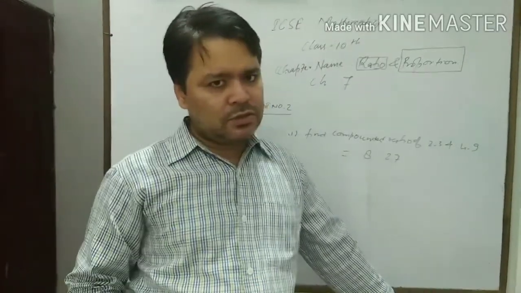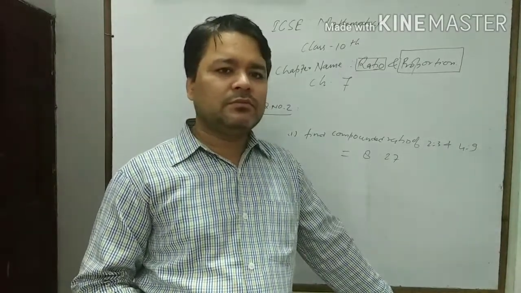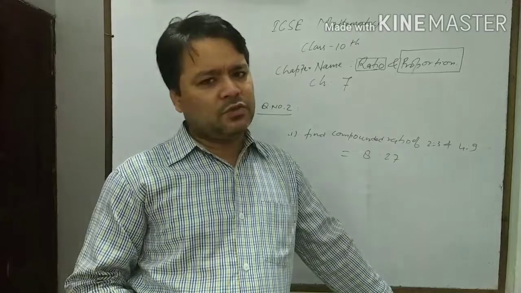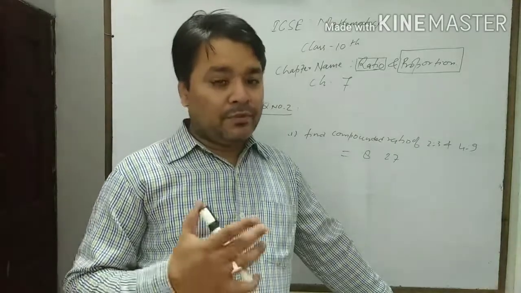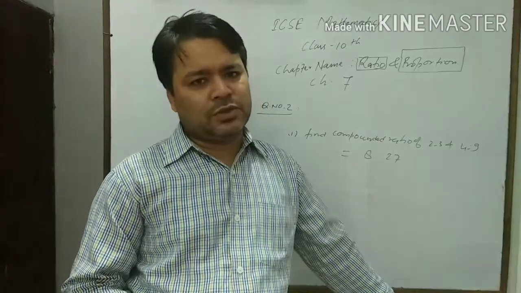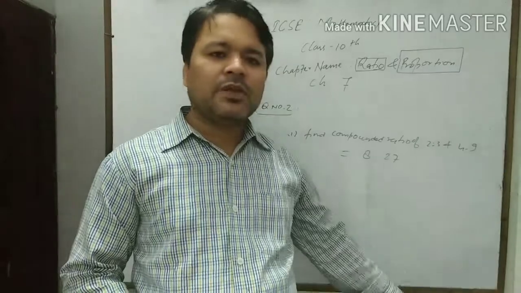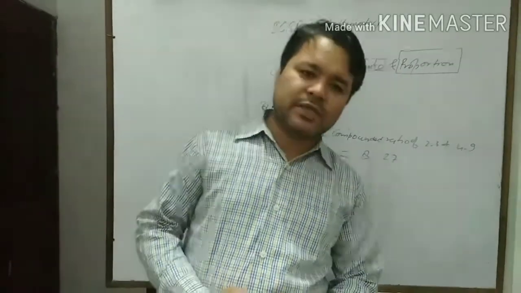Make a short note related to ratio and proportion and solve the exercise questions seriously. Before that, you have to solve the example questions. Okay. In the next video class, we will see some questions related to exercise 7.1.